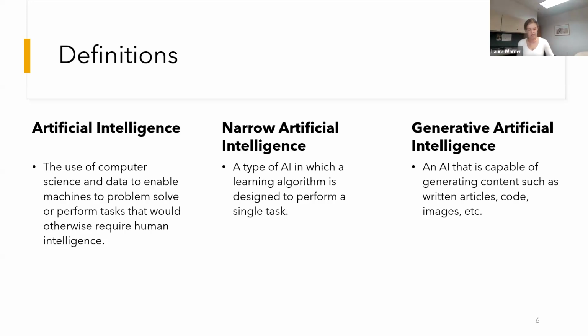Narrow artificial intelligence. This is a type of artificial intelligence which uses a learning algorithm designed to perform a single task. That's where you get your voice assistants like Siri and Alexa. Narrow AI also includes things like your email filters. It filters out the spam and the harmful emails, and it gives you the proper emails that you're supposed to be receiving.